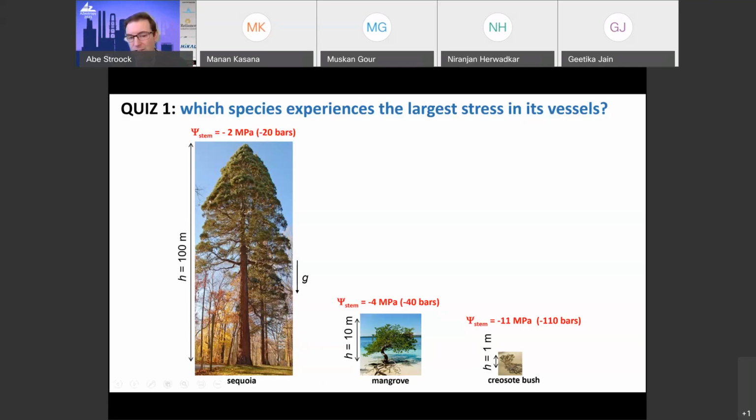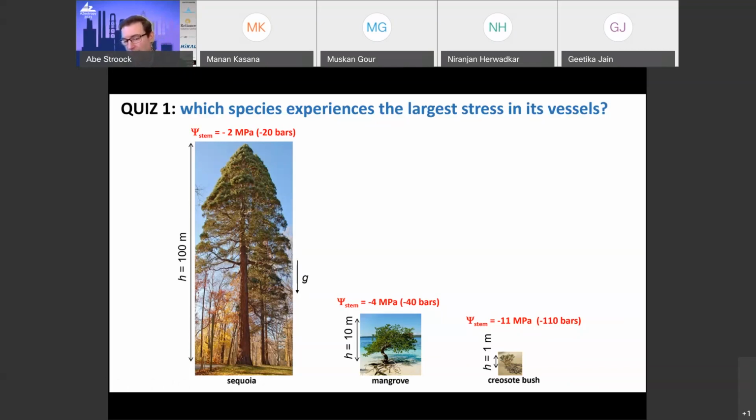Sequoias and other large species tend to live in wet environments where this thermodynamic stress that I just described to you is minimal, and all they have to overcome is the dynamic stress of gravity and viscous pressure drop. It's actually the plants that fight thermodynamics that experience the larger stress.